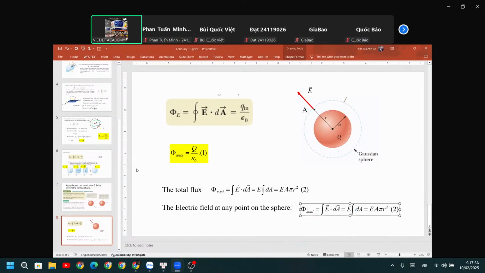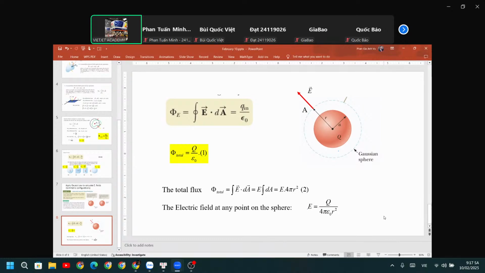You get E equal to kQ over 4 pi epsilon 0 r squared, right?